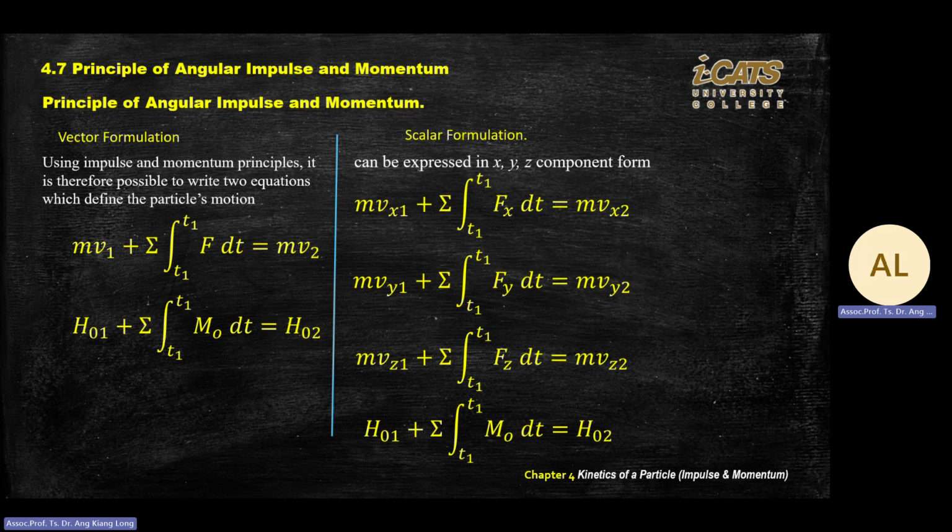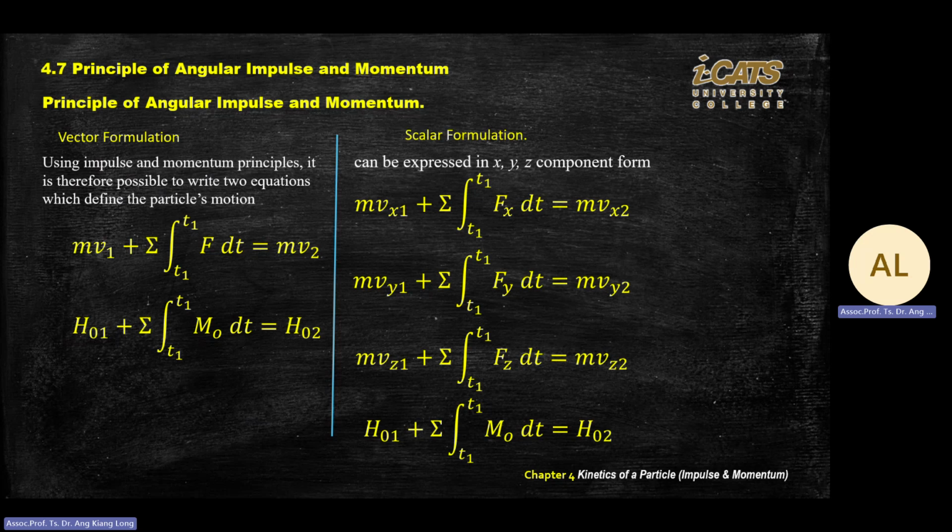And for angular momentum, we only have one, because we directly deal with the vector. H is R cross the momentum, M is R cross F, and H2 is also R cross mv.